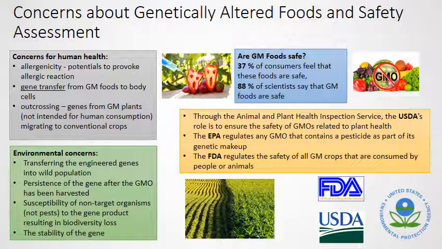USDA's role is to ensure the safety of GMOs related to plant health. The EPA regulates any GMO that contains a pesticide as part of its genetic makeup. The FDA regulates the safety of all GM crops that are consumed by people or animals.